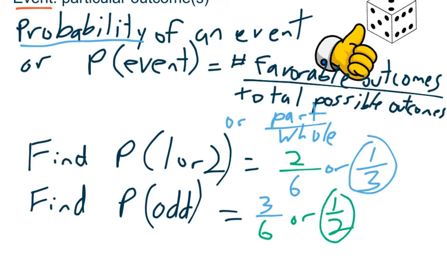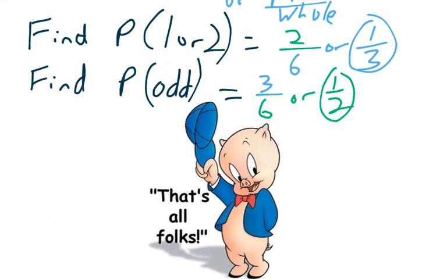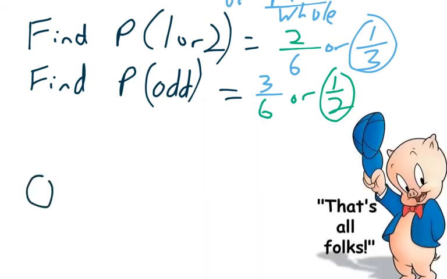And something else to consider, all probabilities range from 0 to 1. That's all, folks. That's right, just 0 to 1. So 0 represents impossible. No chance of happening.